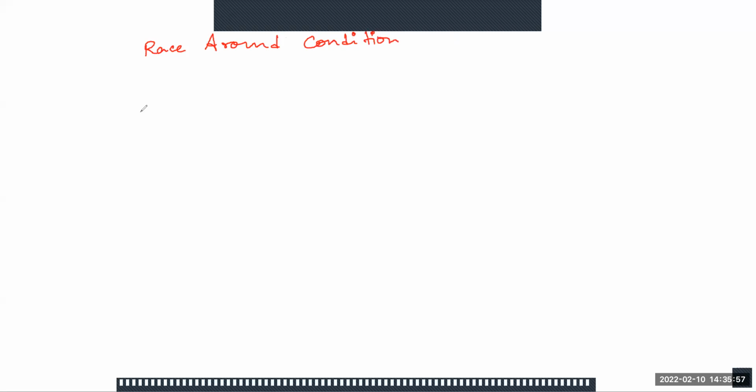So this is the race around condition, or racing condition. For this, I am drawing the flip flop. Just give me a few seconds to draw.